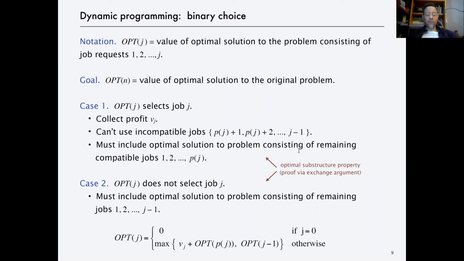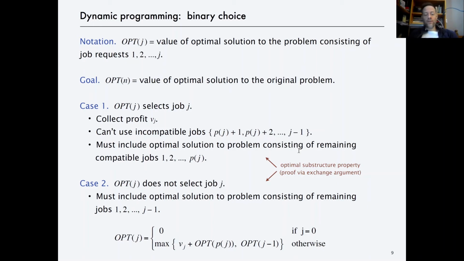So what we can now do is recursively define opt(j) as 0 if we're before the starting point, because that's the base case. And otherwise, we have two options of which we take the maximum. So we take the maximum of v_j plus opt(p(j)), and opt(j-1). Here we see the next job, so to speak, that we can include.